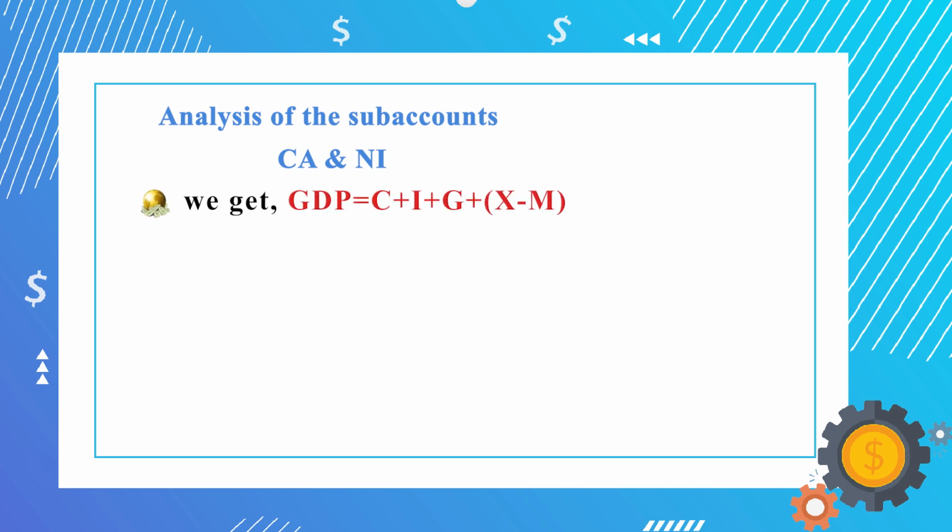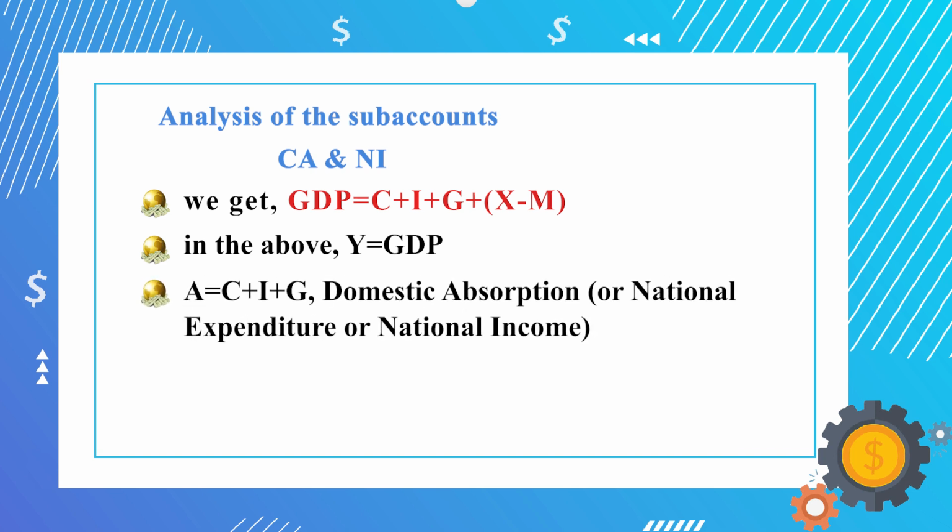So we will get the equation: current account equals trade account equals Y minus A. In the above, Y represents GDP, A equals the sum of consumption, investment and government purchase. A is the domestic absorption or domestic expenditure.